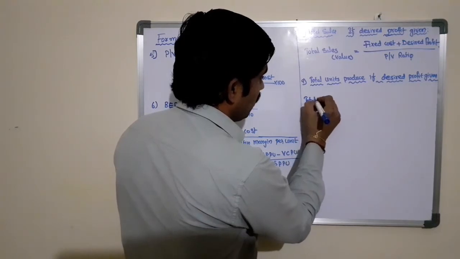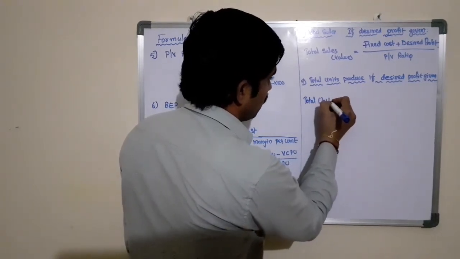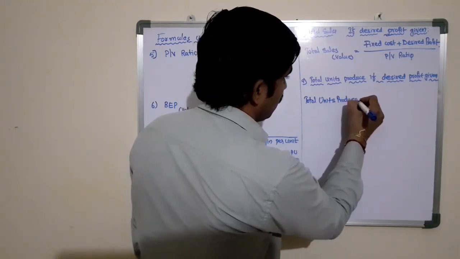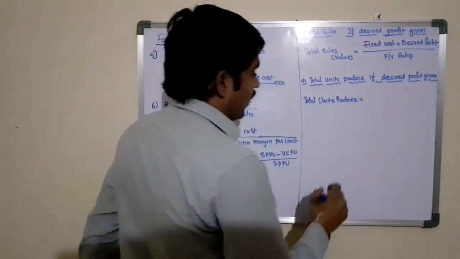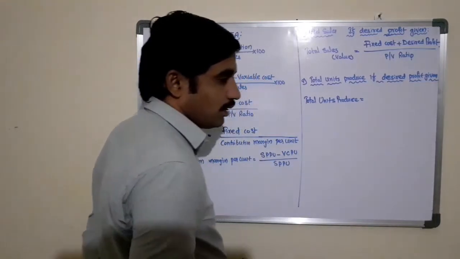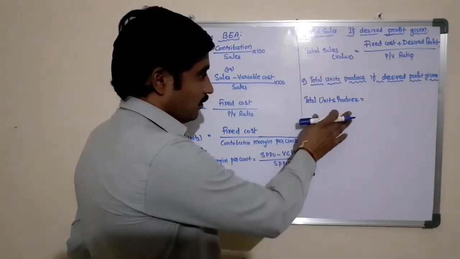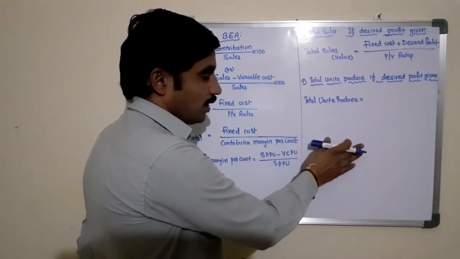So, total units produced and sold, because that is the assumption of break-even analysis. That is, whatever the units we are producing must be sold in the market.